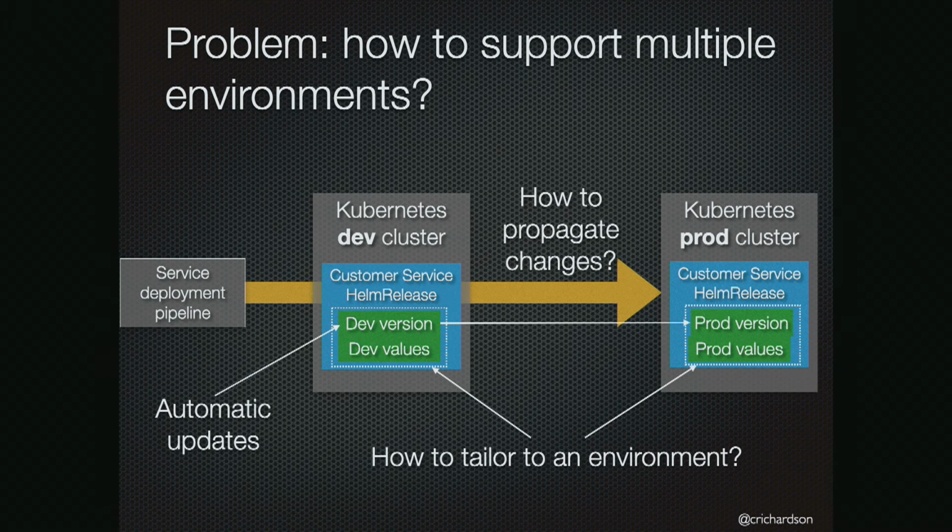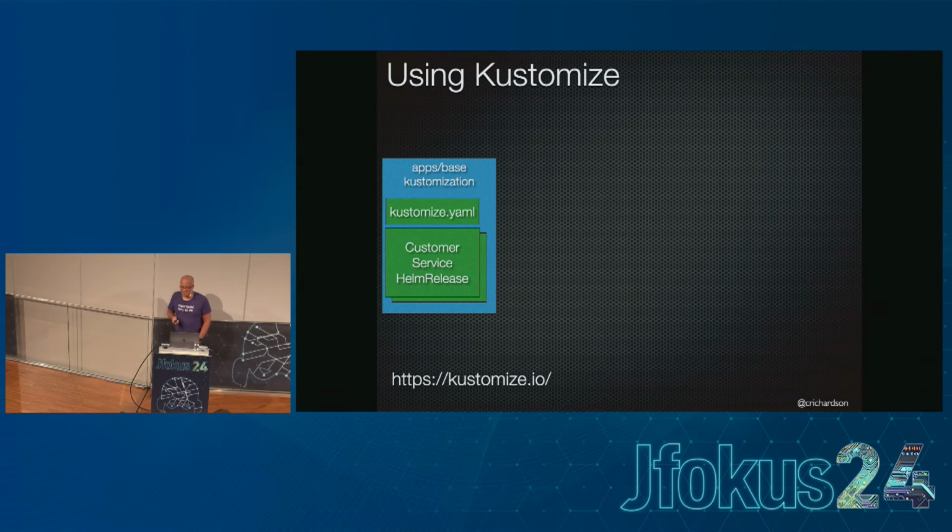So there are multiple parts to the solution. One of them is to use this tool Kustomize, whose purpose in life is to tailor Kubernetes manifests to a particular environment. So you define a base customization, which is a directory containing those manifests. There's a kustomization.yaml file in there as well, but that's not too important at this point.